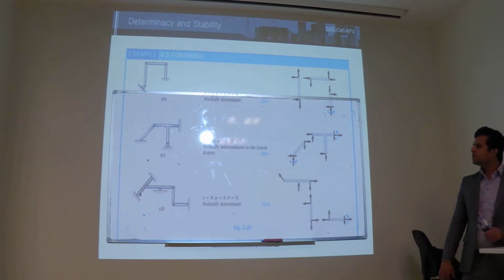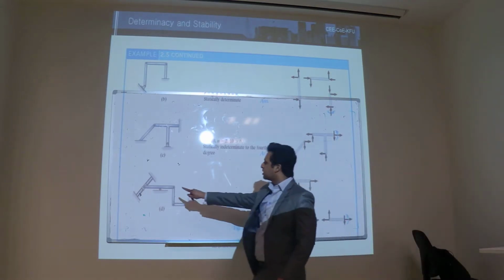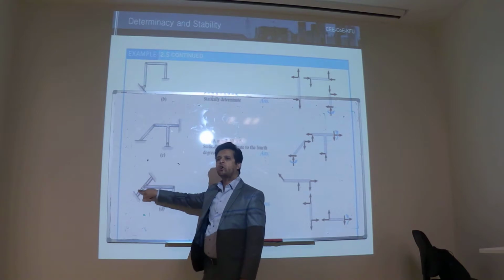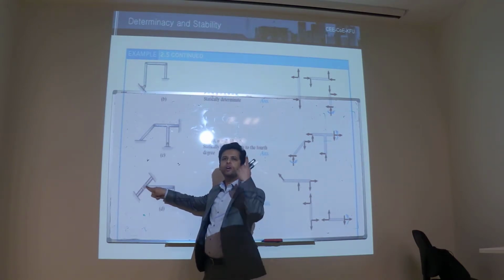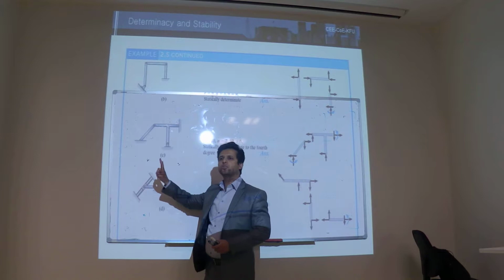What about D? How many parts for D? 1, 2, 3, 4. This is not a part, as I explained before. It is part of a support. This is a collar support. But here you can see a pin, so there is only one reaction. If it is not a pin, there are two reactions.